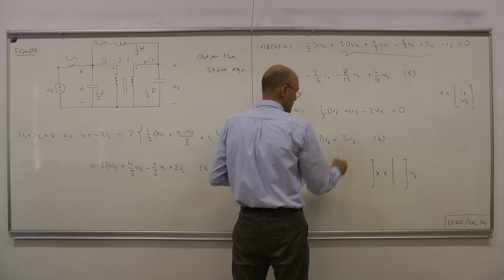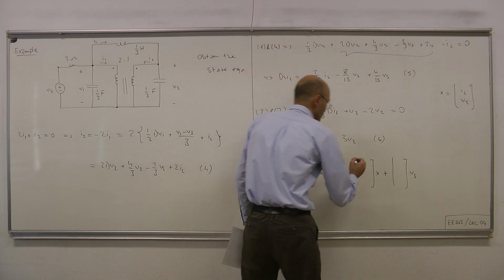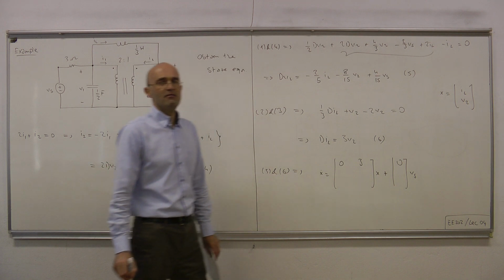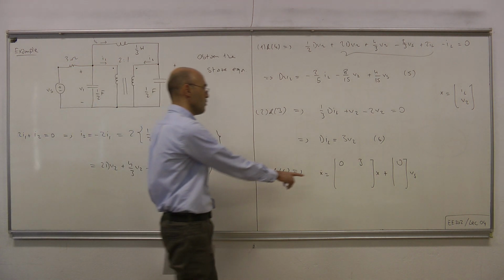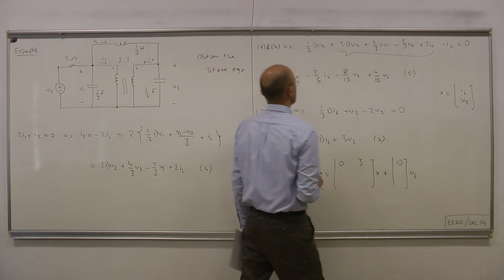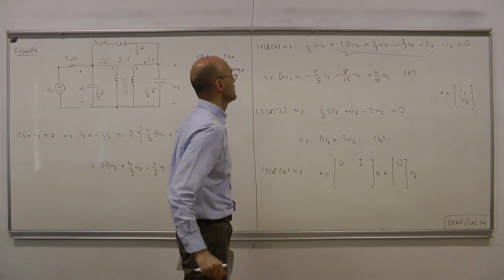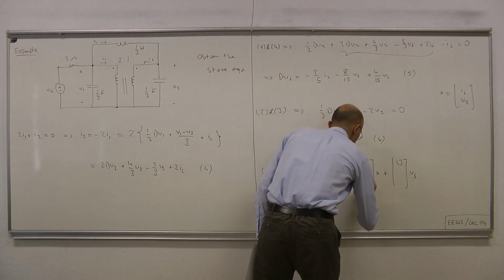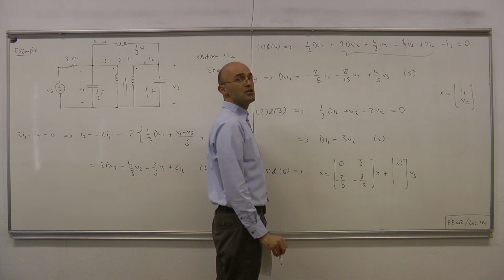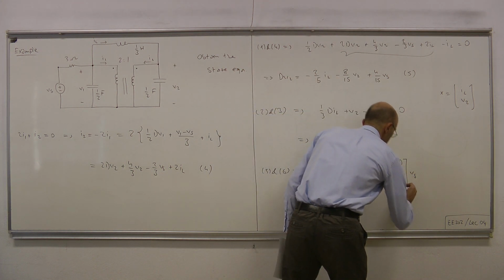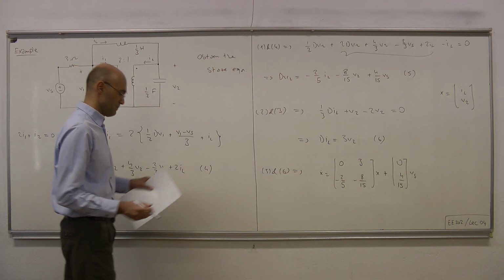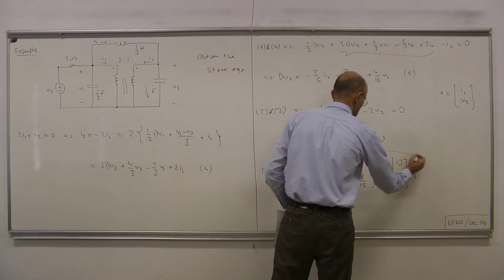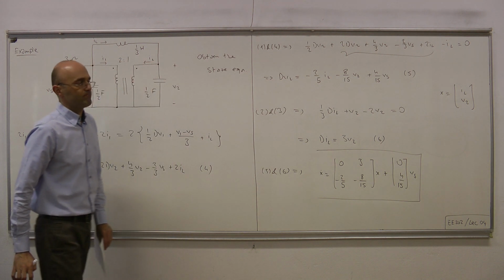So dIL equals 3V2, meaning it is 0 times IL plus 3 times V2 plus 0 times Vs. For the second row, we look at the V2 dot equation: dV2 equals minus 2 over 5 IL minus 8 over 15 V2 plus 4 over 15 Vs. Okay. Therefore, this is our x dot equals Ax plus Bvs state equation.